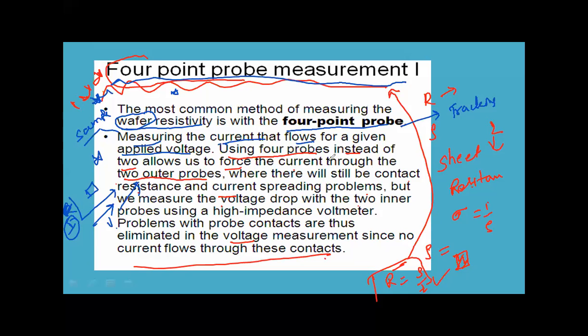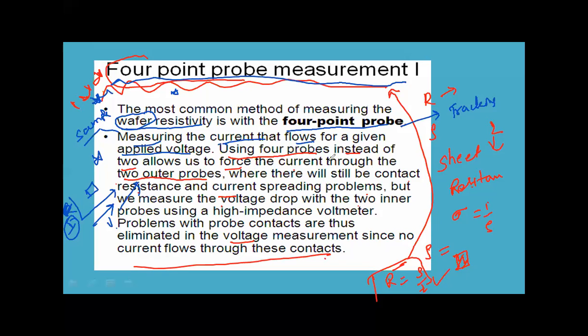So the 4-point probe method is a wonderful method to measure the sheet resistance. The second point is that this is the most common method to measure the wafer resistivity.